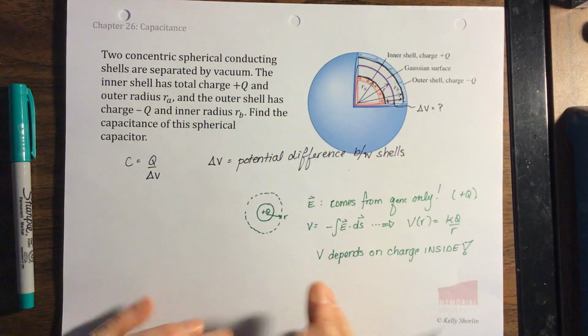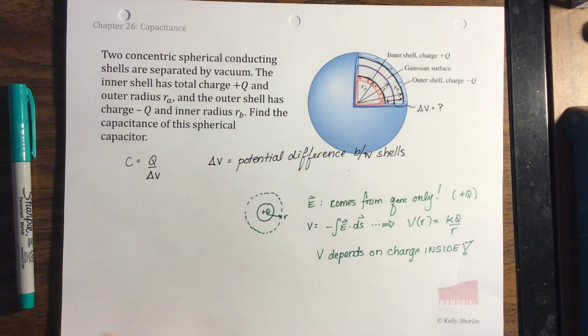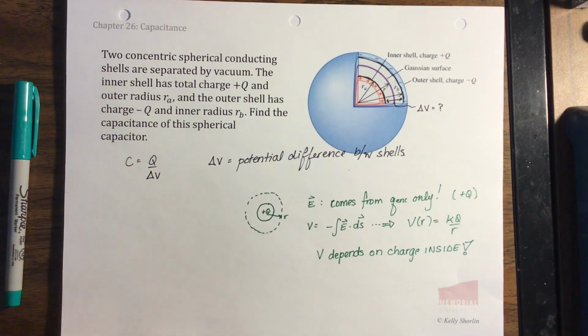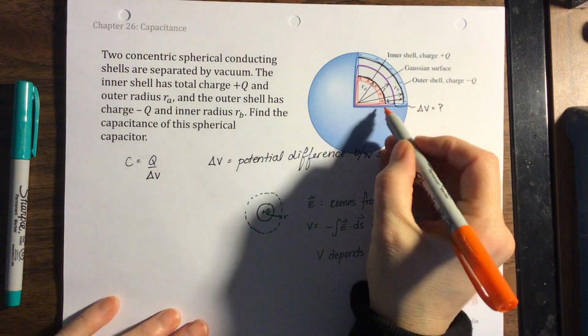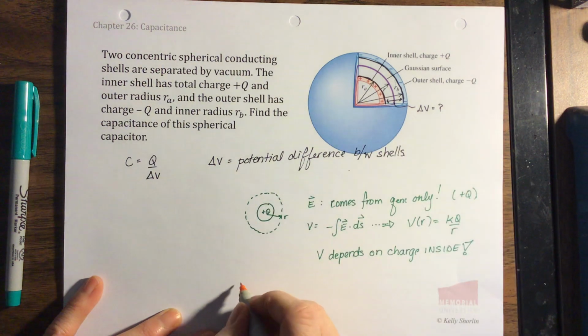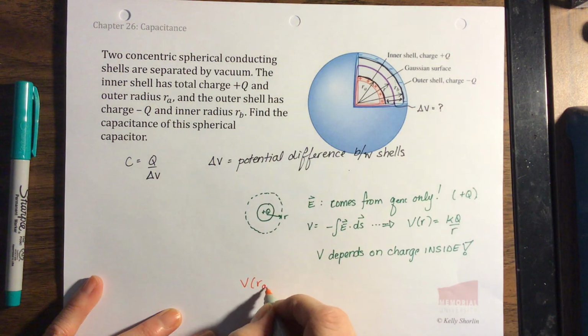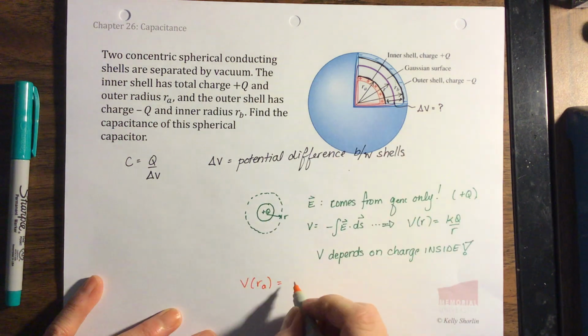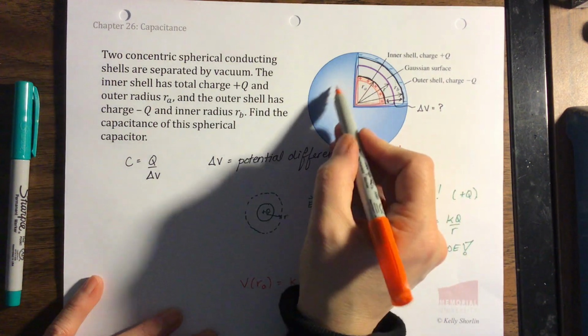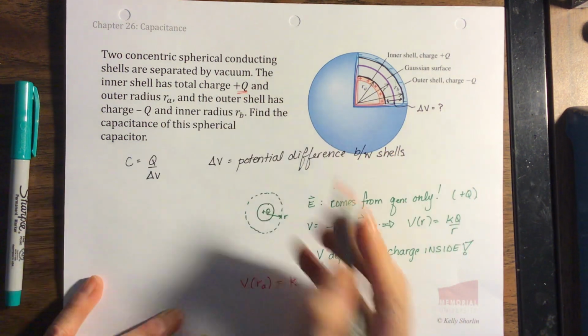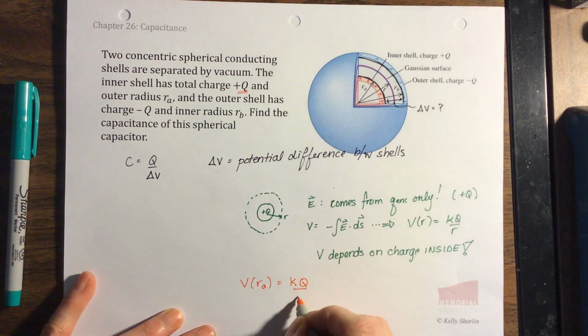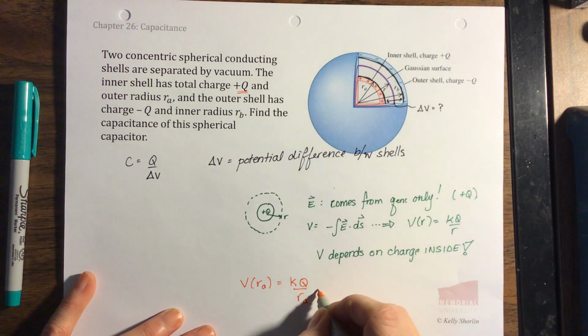Okay, let's look at our example now for our spherical capacitor. The potential at the surface Ra, so V at Ra, is equal to K times the charge inside, which we're given is plus Q, over the distance Ra.